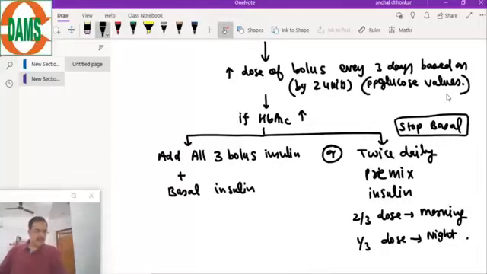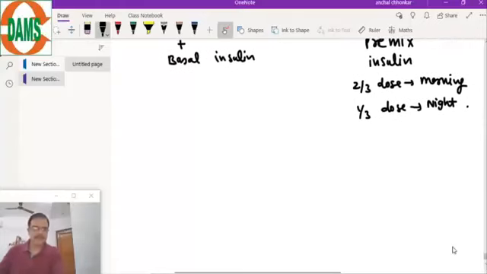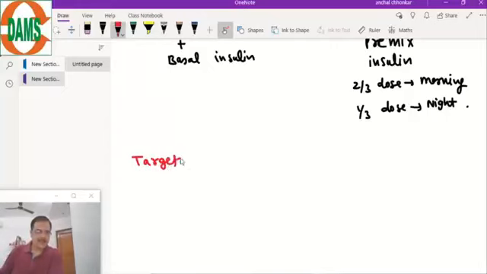Now coming to the monitoring of the patient. Targets.